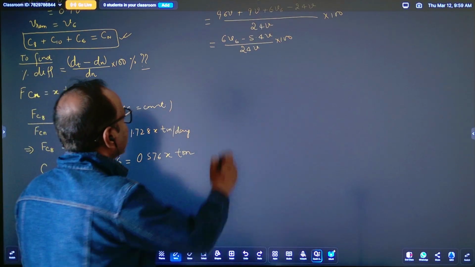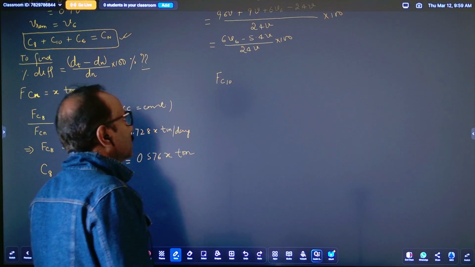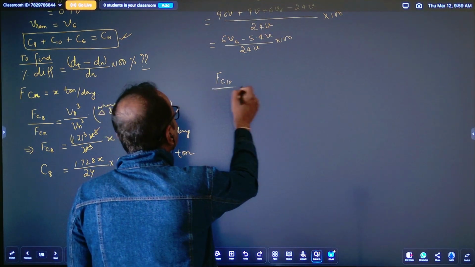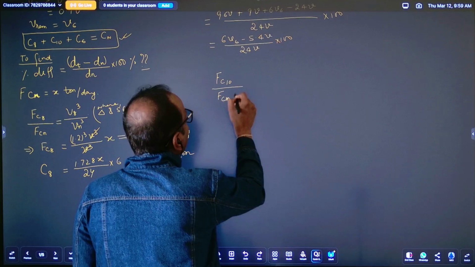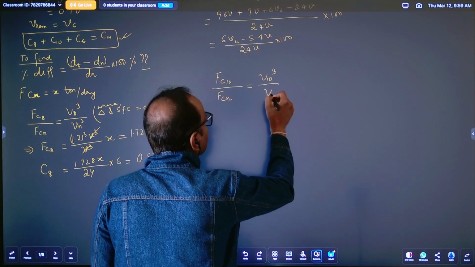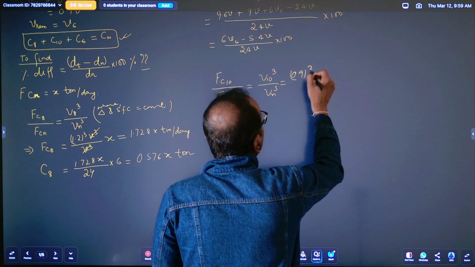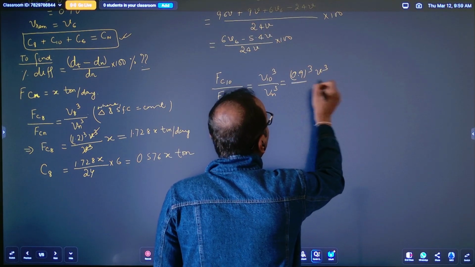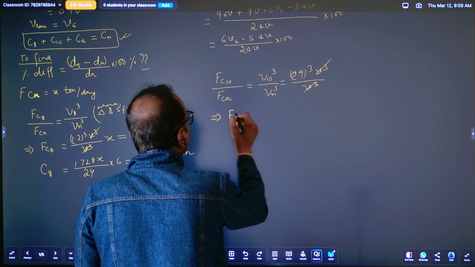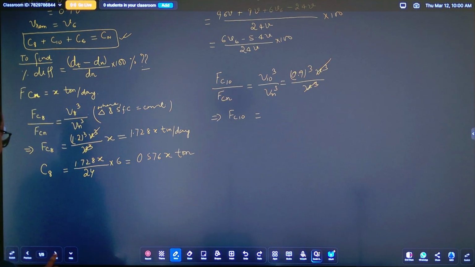Similarly, we will work for FC10, consumption per day, fuel consumption per day when the ship sails with V10 speed for 10 hours, divided by normal. 0.9 cube is how much?